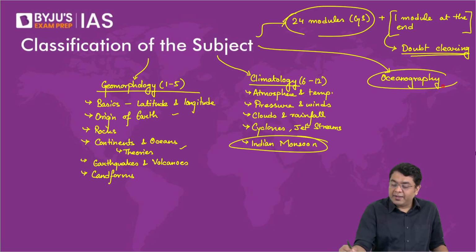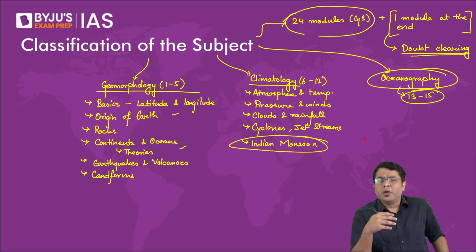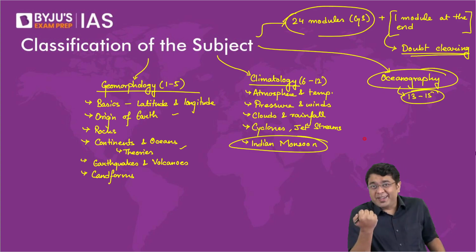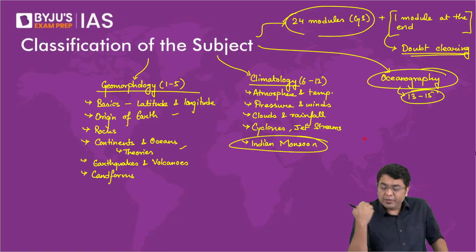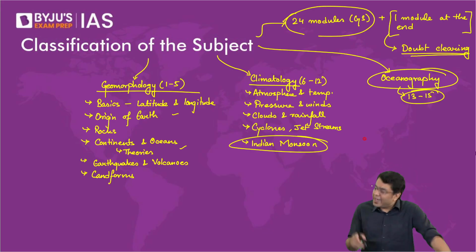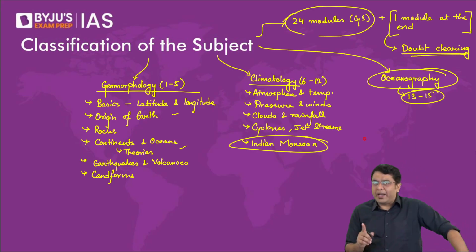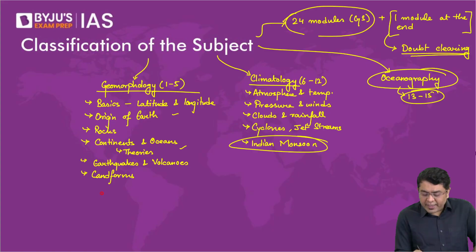Okay, and this will be module 13 to 15. Ocean currents, formation and behavior of tides, ocean bottom, then the oceanic temperature, pressure, salinity conditions, we are going to cover there. Then after that, from 16 to 23, we are going to cover Indian geography in detail.